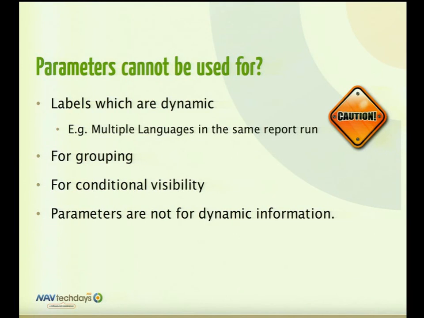That means the language of the header is going to change when the report is actually executing. Since parameters is a static collection, it will not be able to change language on the fly. So you cannot use parameters if you're changing languages inside the report on the fly. Similarly, you cannot use it for any grouping or any conditional visibility because it's one static value.